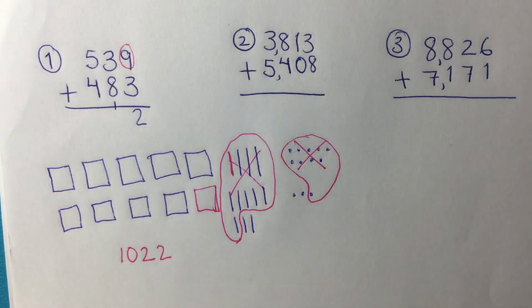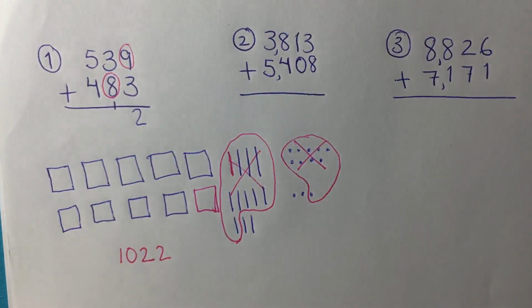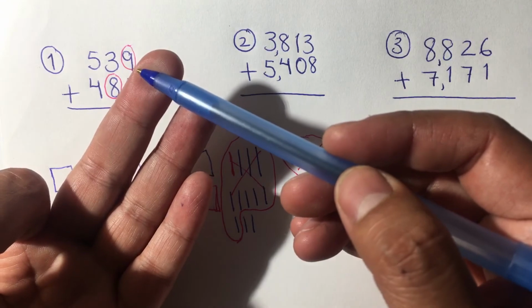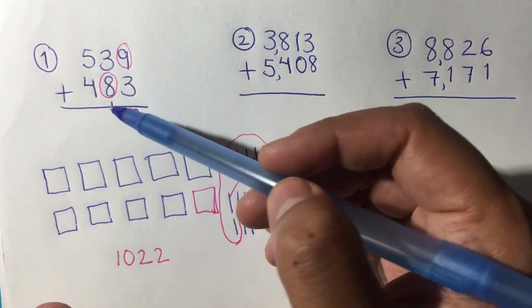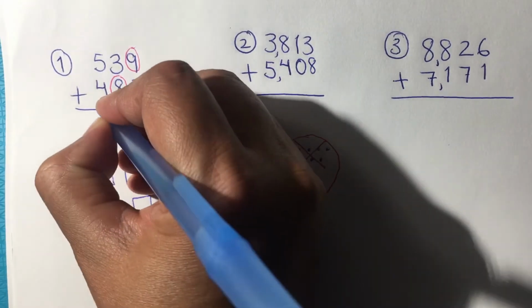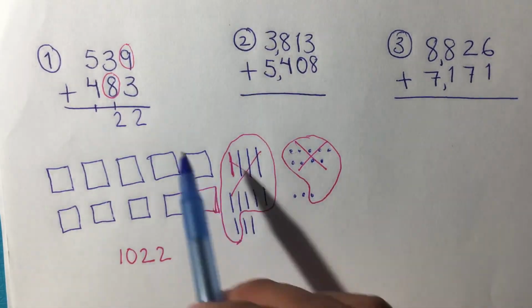So there is 12 here. In other countries, they put the 1 up here. It's the same. Okay, 8 in my mind plus 3, 8, 9, 10, 11, plus 1 more, 12. So I put the 2 here. See, 12. And that's the regrouping that I'm doing.